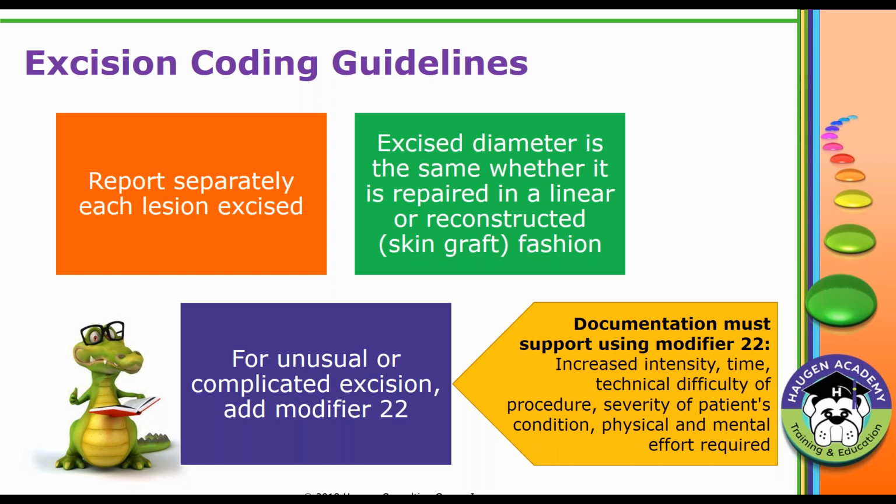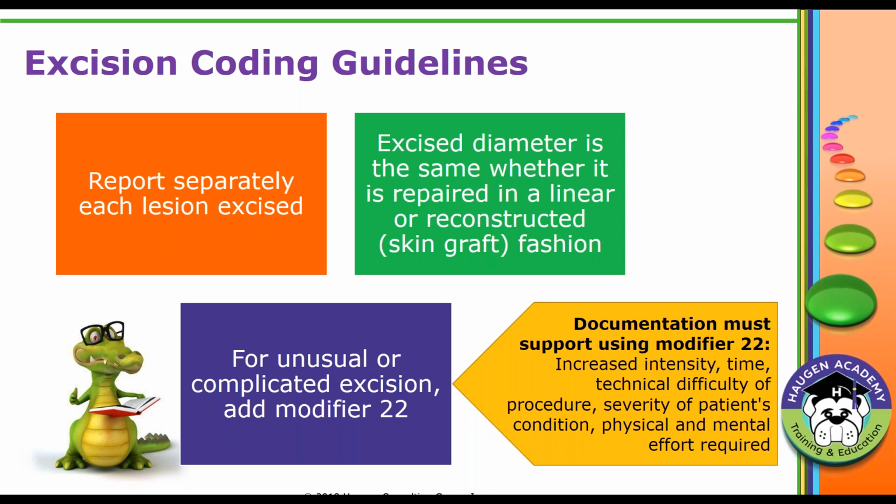It's going to need to support things like increased intensity, time, technical difficulty, severity of the patient's condition, and physical and mental effort required. Again, that's just something we've been seeing lately. So if you want to submit with modifier 22 for increased procedural services, definitely make sure your documentation is on par for that.